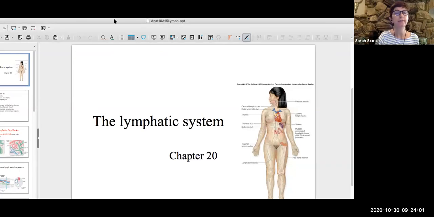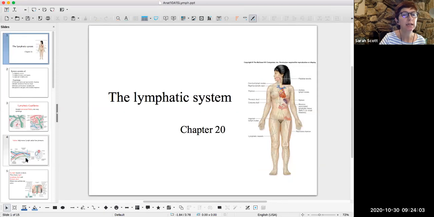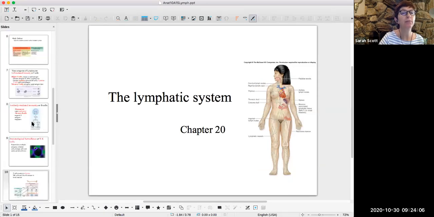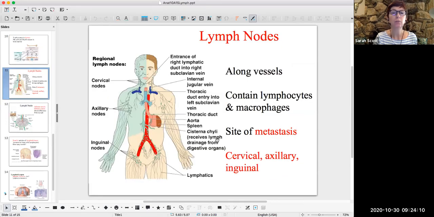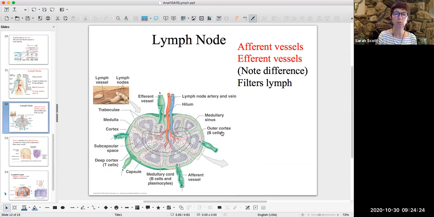So here's the lymphatic system. And if we first take a look at the lymph nodes, here we go. Notice the lymph nodes are in clusters and they're positioned along the pathway that lymph flows through. If you look at a node up close, lots of these tiny lymphatic capillaries will empty the lymph into a single lymph node.